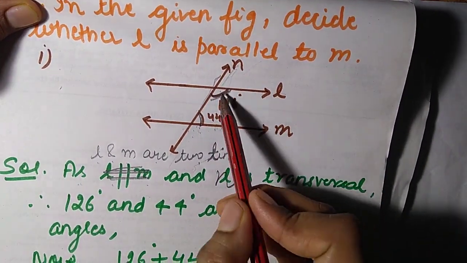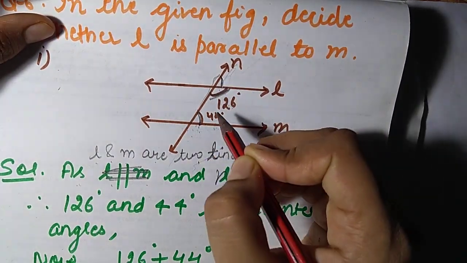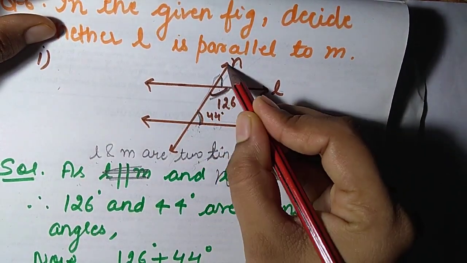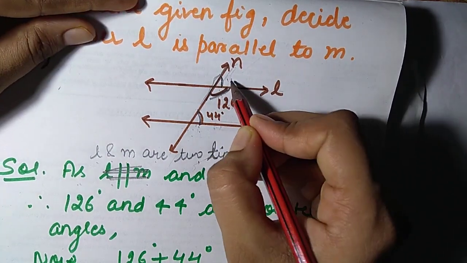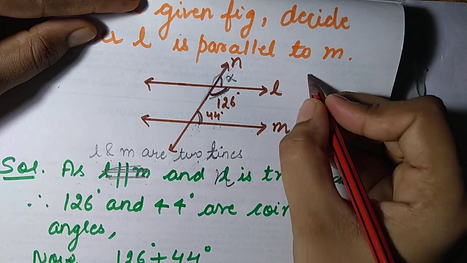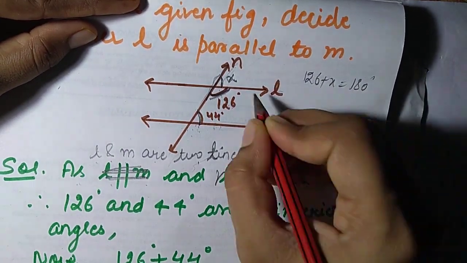If this angle is 126, can I find this angle? Yes, I can find it, because they both form a linear pair. If I take this as x, then 126 degree plus x is equal to 180 because of linear pair.